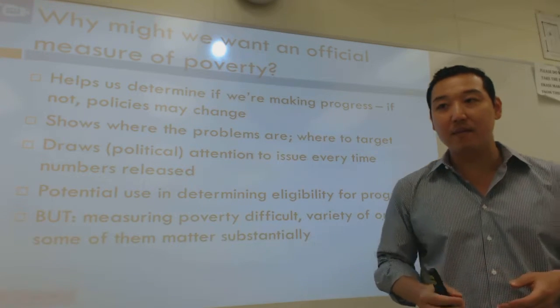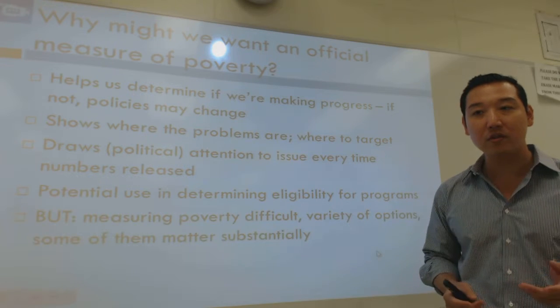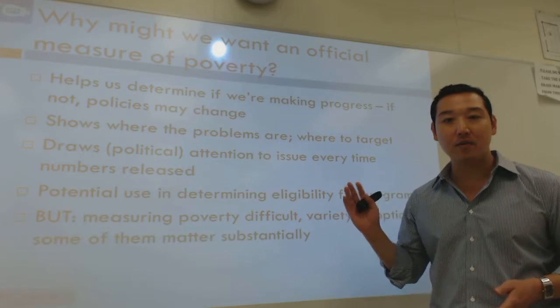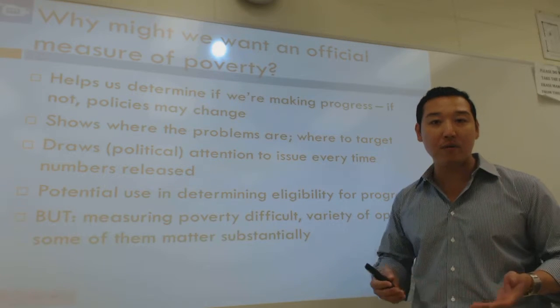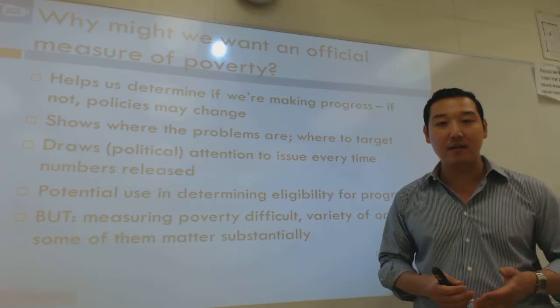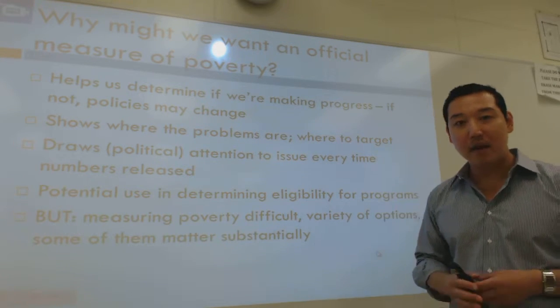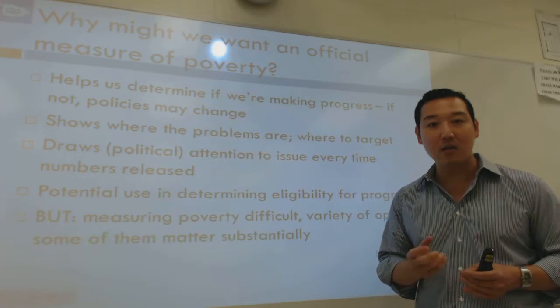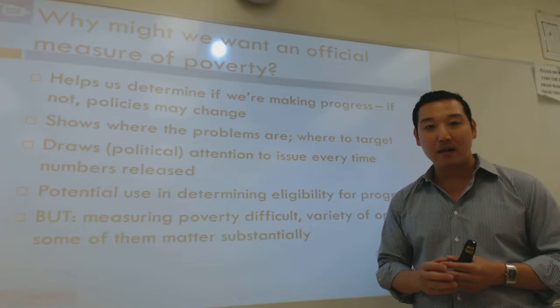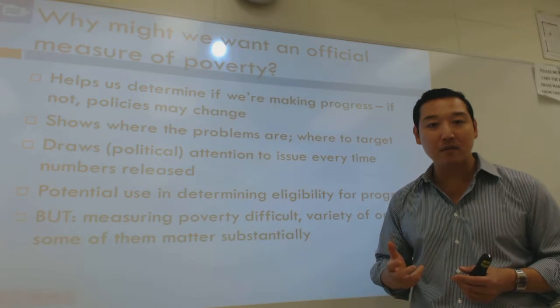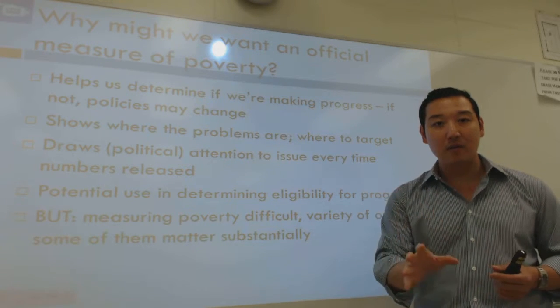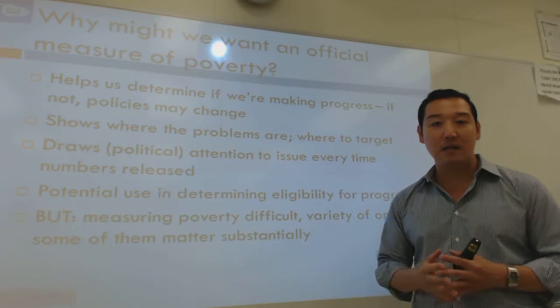But before we dive in to take a closer look, I'm offering just a few different justifications for why we should care about measuring poverty. Certainly, measuring poverty will allow us to see where poverty is concentrated, such that given the government's limited resources, we can target those resources to those most in need.